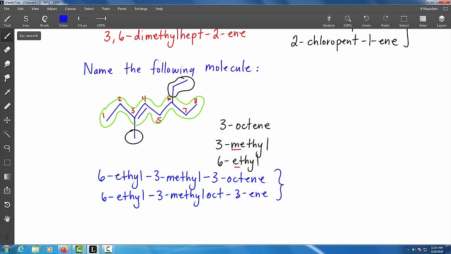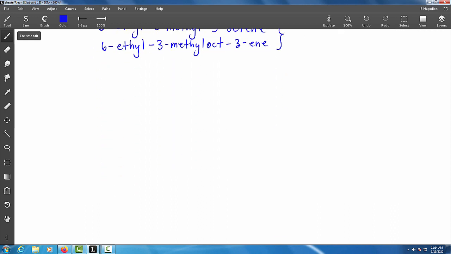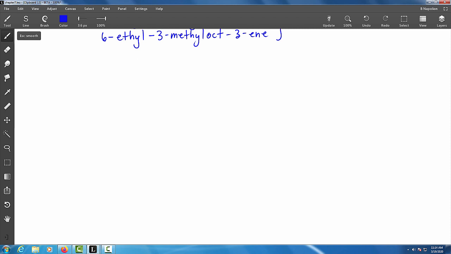Now, what if we're given an alkene? And I say again, name the following molecule.